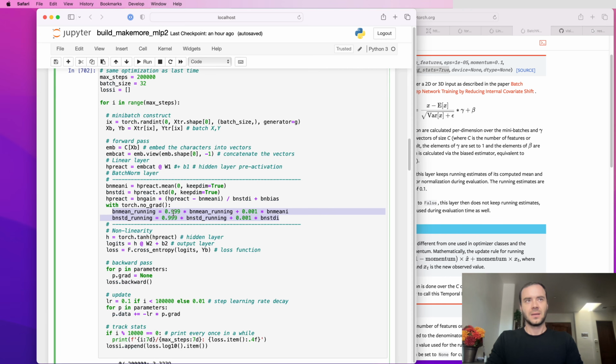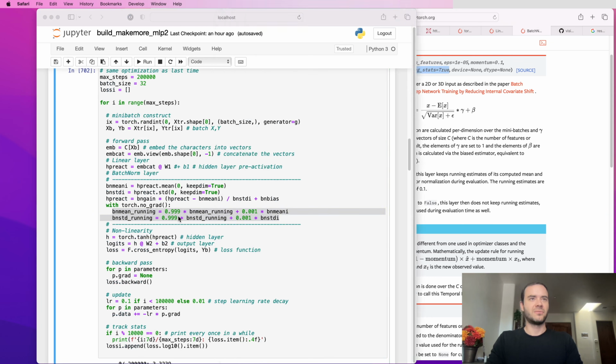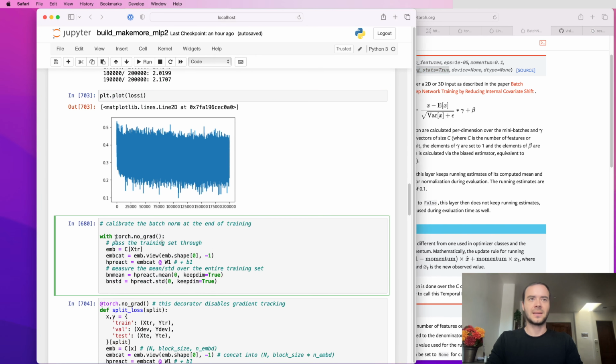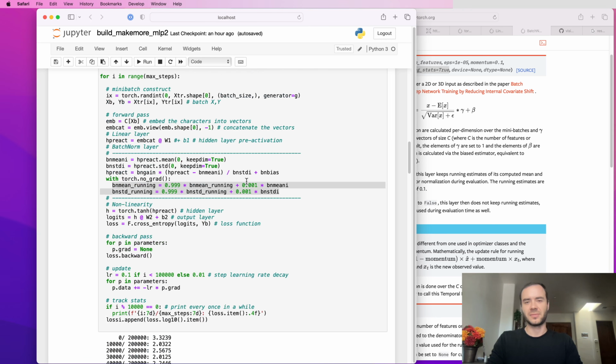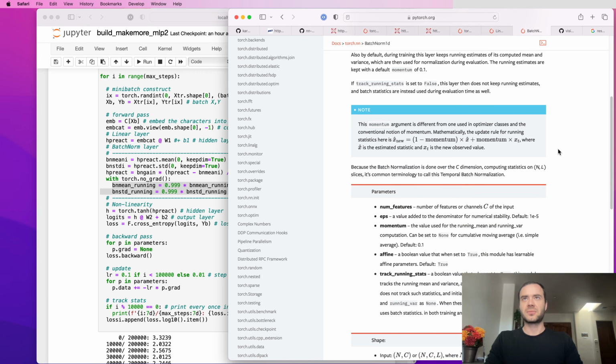One reason you may want to skip the running stats is because you may want to estimate them at the end as a stage 2 like this. And in that case, you don't want the batch normalization layer to be doing all this extra compute that you're not going to use. And finally, we need to know which device we're going to run this batch normalization on, a CPU or a GPU, and what the data type should be: half precision, single precision, double precision, and so on. So that's the batch normalization layer.